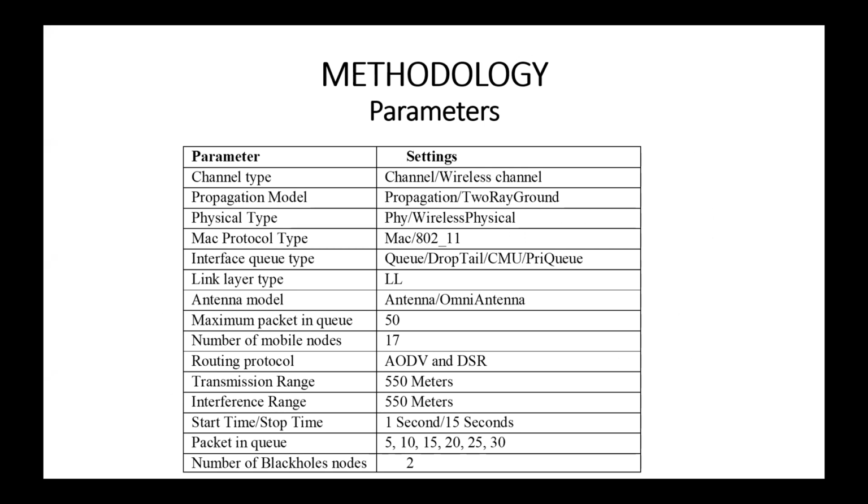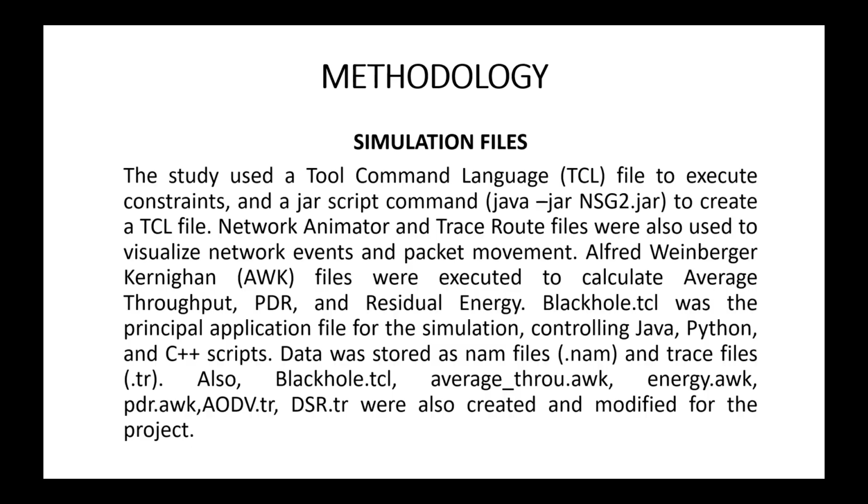But we base our distance on the packet queue, which is very important: the number of packets that we unleash into the network, and the number of black hole nodes that were unleashed into the system.